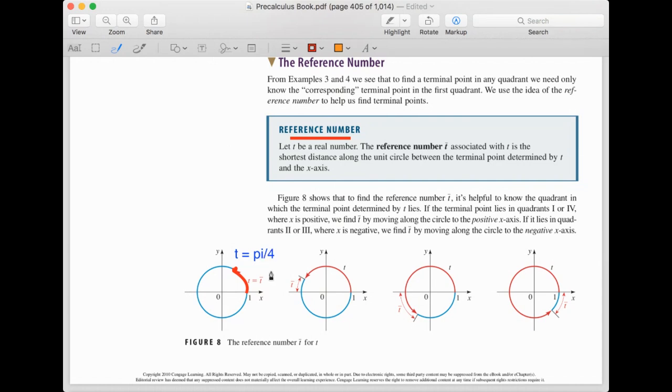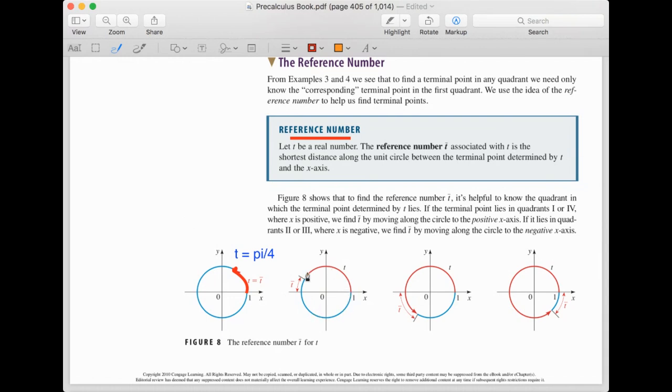So 4 pi plus pi over 4, 2 pi plus pi over 4 are at the same point. I want to choose a representative to speak for them. And this representative will be the smallest positive number, which is just pi over 4. Right? So we call this one the reference number. So pi over 4 is a reference number for n times 2 pi plus pi over 4.